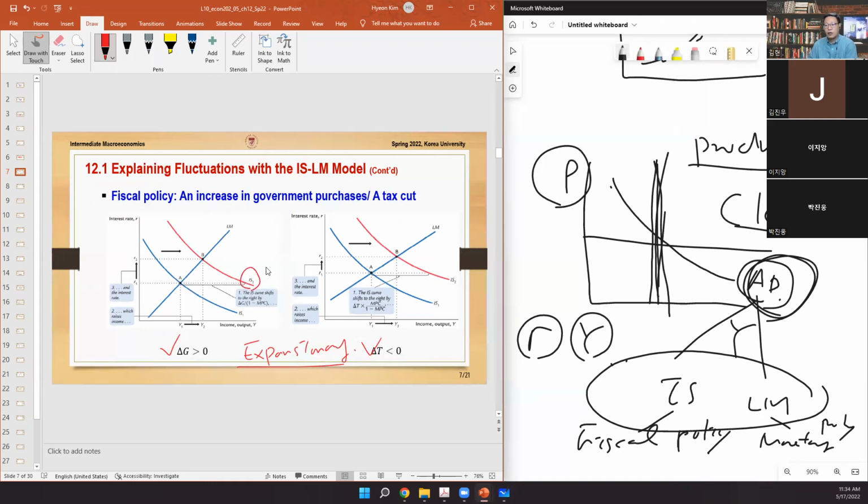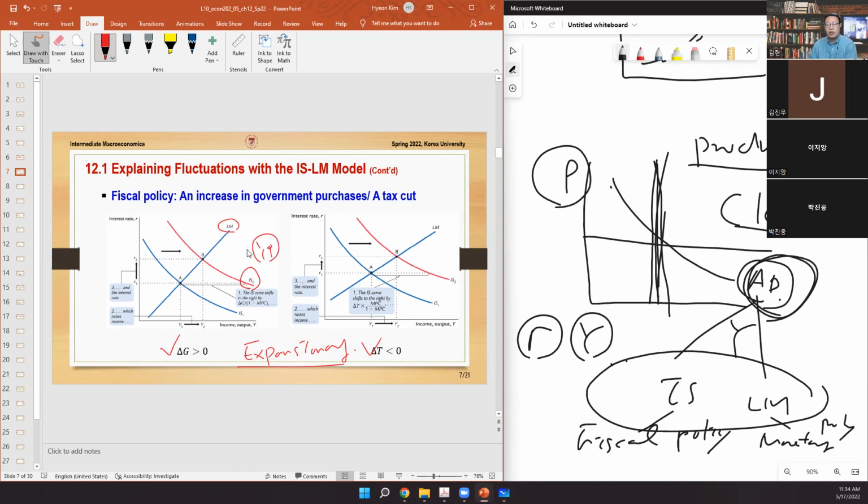So the IS curve will shift, because when you have an increase in government purchase or a decrease in tax, we don't have any change in the real interest rate initially. That's why we'll have an increase of this amount. But in the LM, the money market, the IS shift means output goes up.